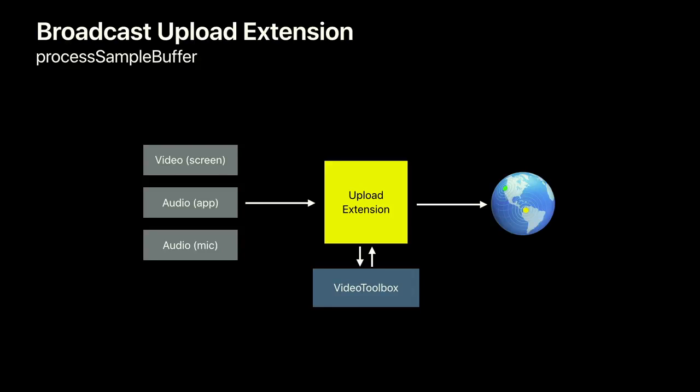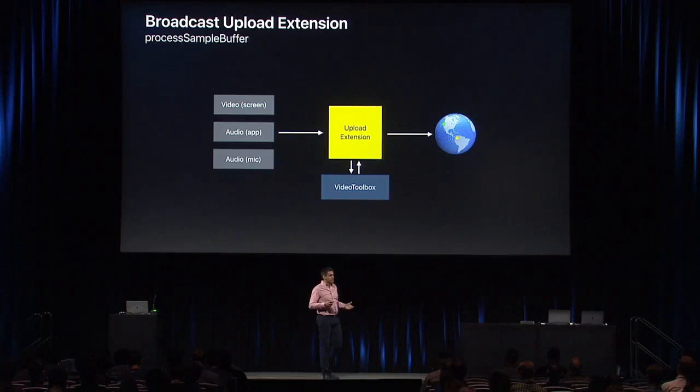And now, let me zoom in on the process sample buffer function. ReplayKit provides the extension with 3 types of media samples. Video samples captured from the screen, audio samples captured from the application. This is the audio your application is playing back right now. And the audio samples captured from the microphone. And you can use any technology to encode this media, but as a practical matter, we provide you a lower-level API called Video Toolbox.